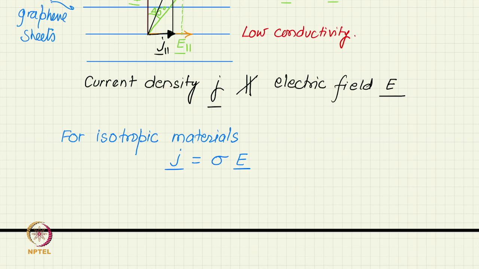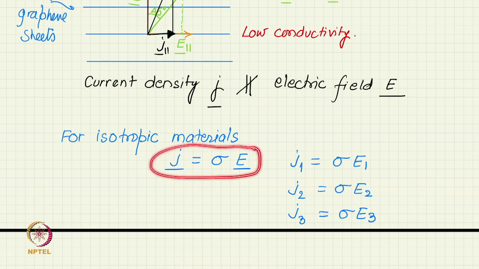If we write this in terms of components, then we will find the component J1 is sigma times E1, J2 sigma times E2, and J3 sigma times E3. So, these two sets of equations are equivalent. Here we have written the vector form, and here we have written in terms of the components.